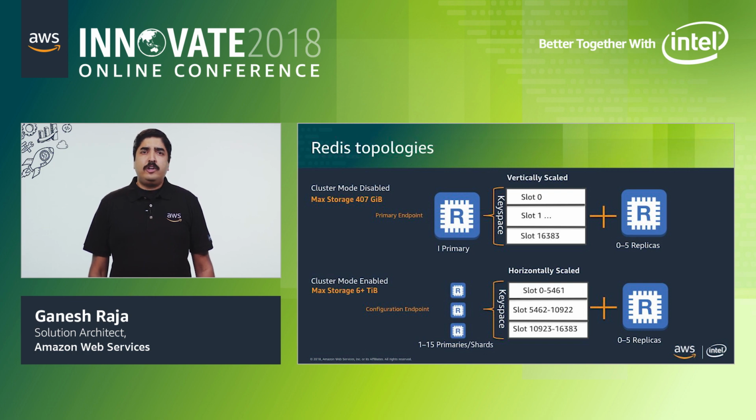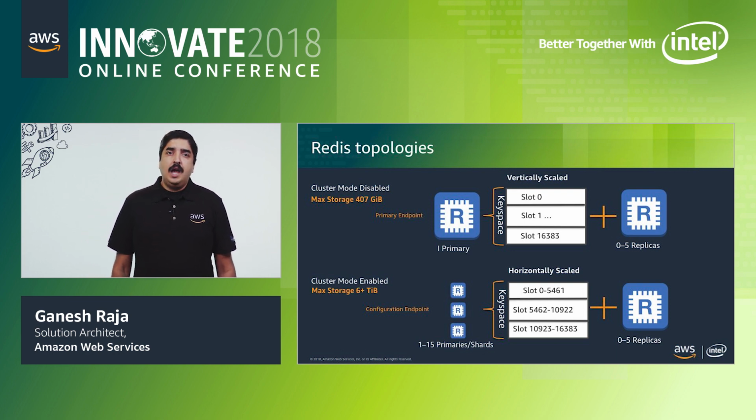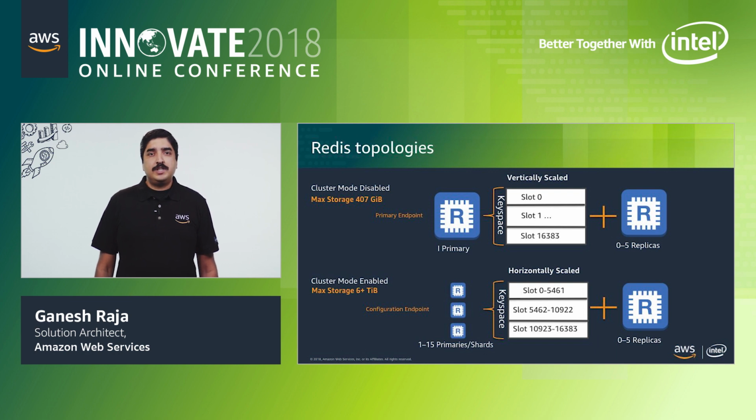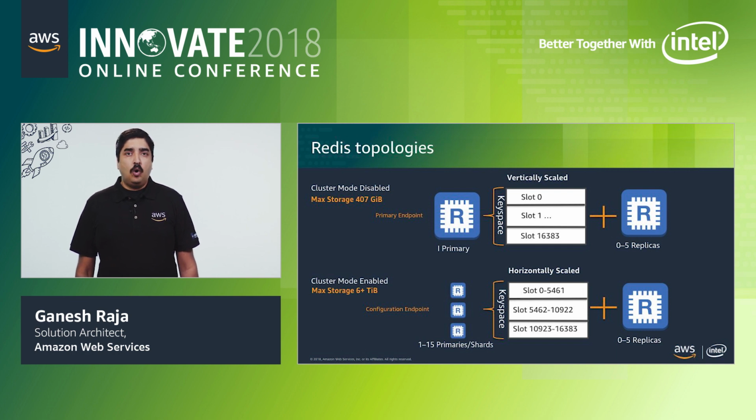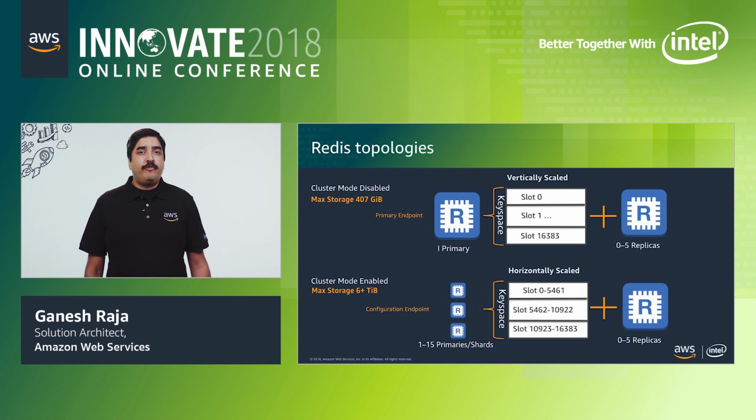Redis comes in two different flavors. There are two different topologies. The first one is a vertically scaled environment, and what that means is you have one primary and your entire key space, which is 16,384 hash slots, lives in that one key space. So all your data can fit to the largest size of the node, in this case an R4 16xlarge, which is 407 gigabytes, and your replicas have the entire copy of all the data.